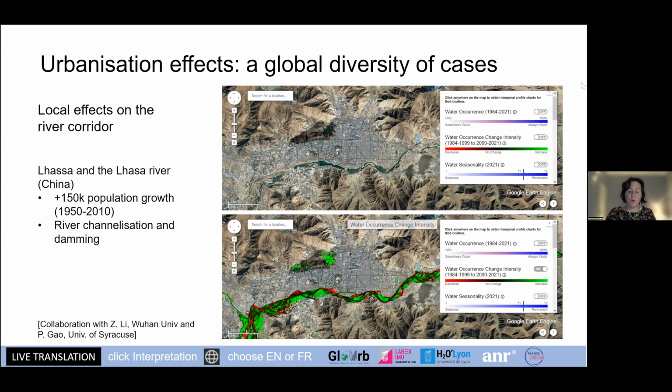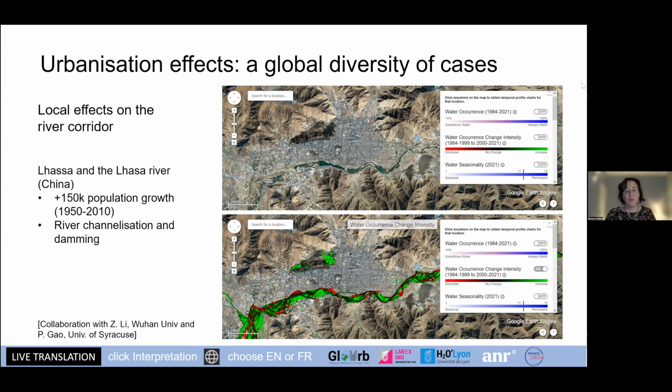On the screen you can see the city of Lhasa on the Tibet plateau, where population growth was lesser. It gained only 15,000 inhabitants, in 150,000 inhabitants. Sorry.